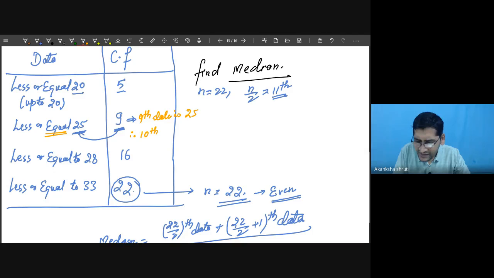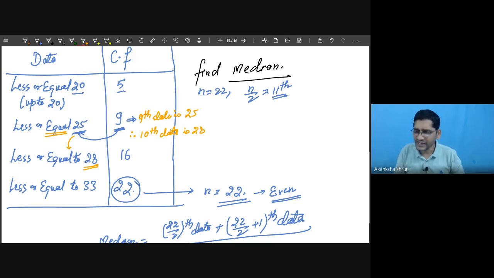Student, the 10th data will surely go next to this, because 10th, 11th, 12th, 13th, 14th, 15th and 16th data, up to the 16th data, it is 28. So 28 is written from the 10th position to the 16th position. So it's obvious the 10th data is our 28.